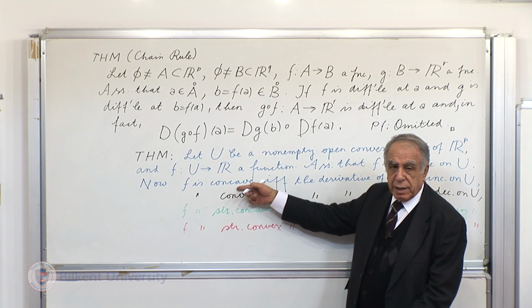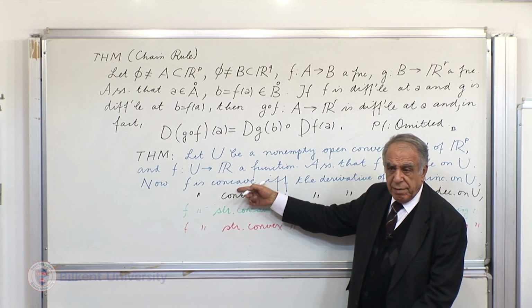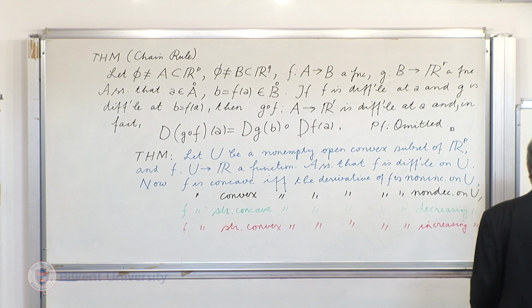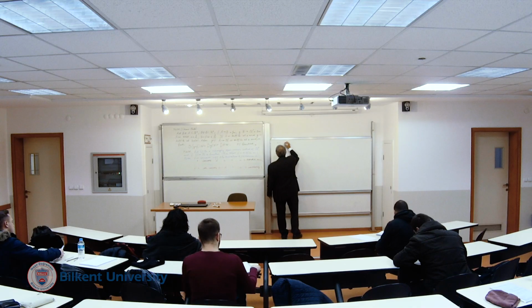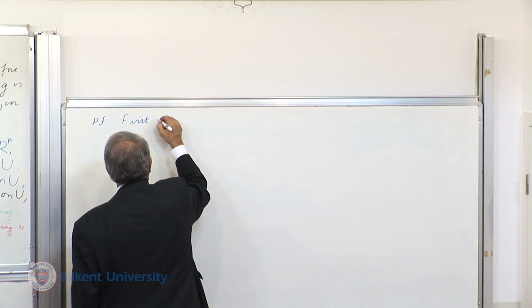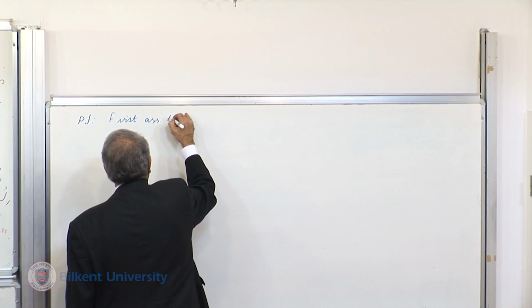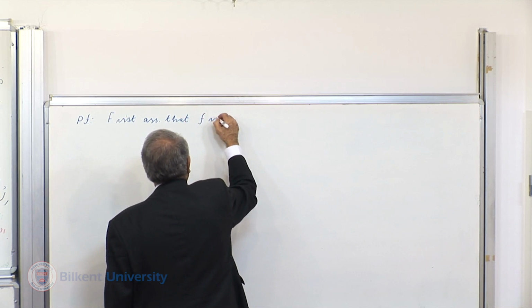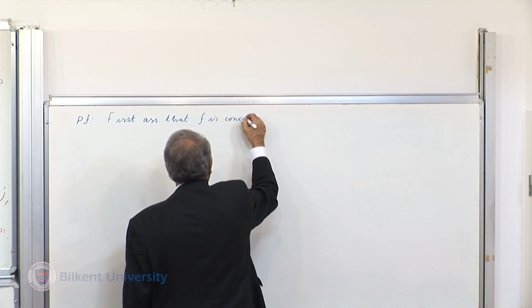That is, let us assume that F is concave and then prove that its derivative is non-increasing on U. So first, assume that F is concave.